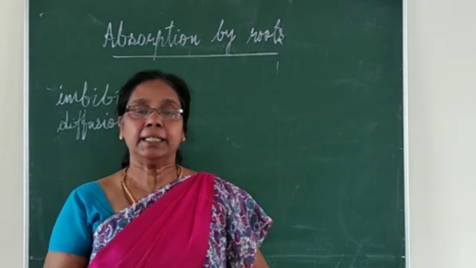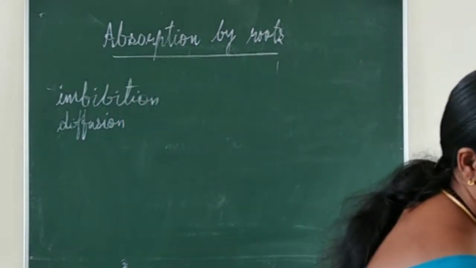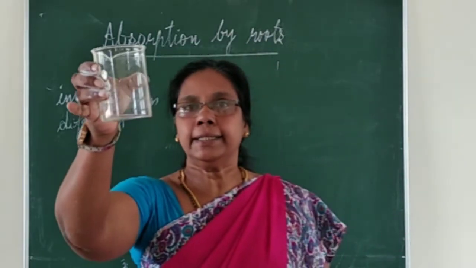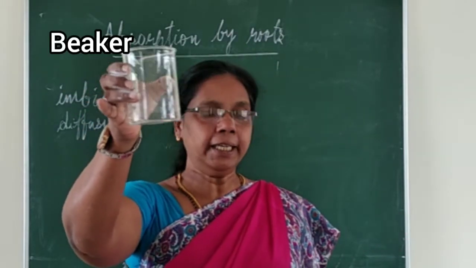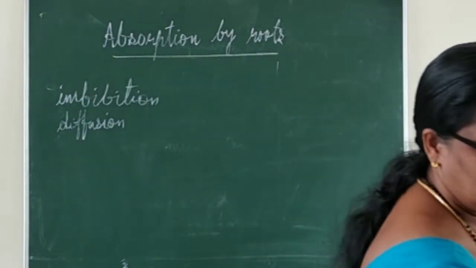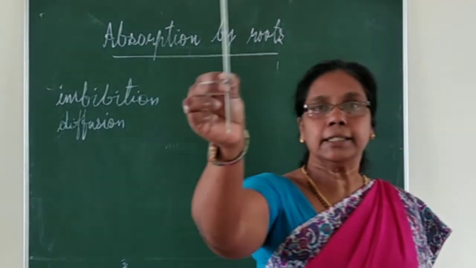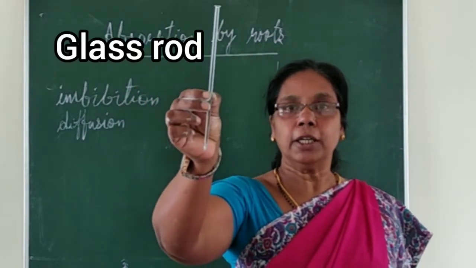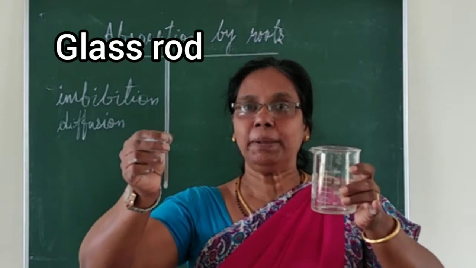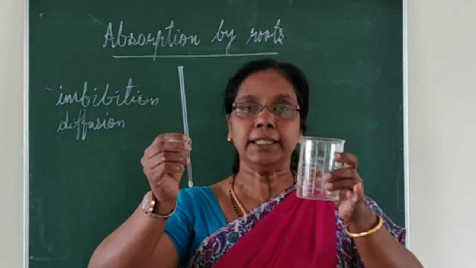First, what is this? Yes, this is a beaker. And what is this? Yes, it is a glass rod. A simple experiment I am going to show here with this.